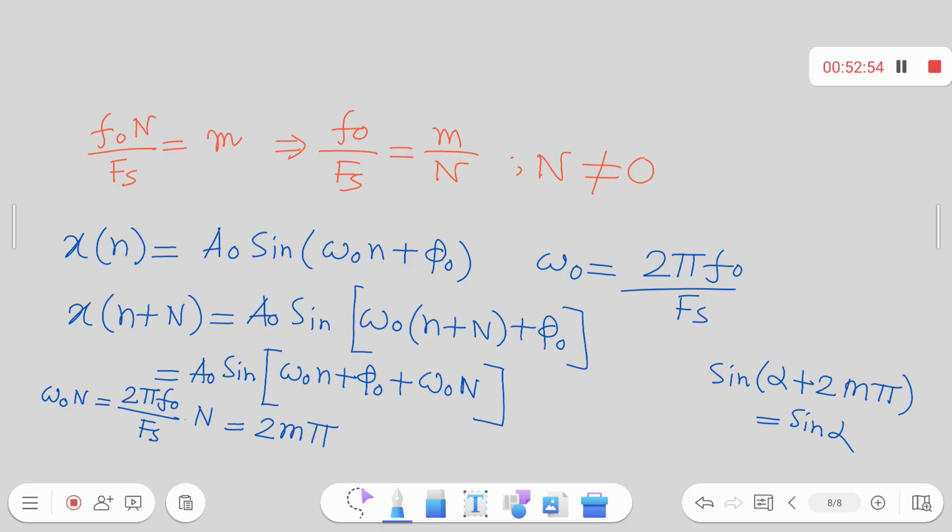If this condition is not satisfied, then your original continuous signal is a periodic signal, but if you sample the signal in an erroneous fashion, then the discrete signal is not at all periodic. I can give some example.